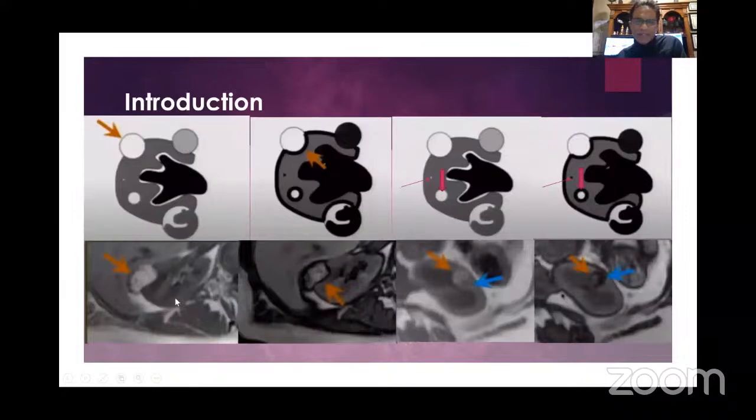Angiomyolipomas come in different flavors. They can be very fatty, like this, where you are going to get this India ink artifact at the fat water interface, and this is diagnostic of angiomyolipoma. You can also see that there is fat here, which is going to suppress on fat sat images.